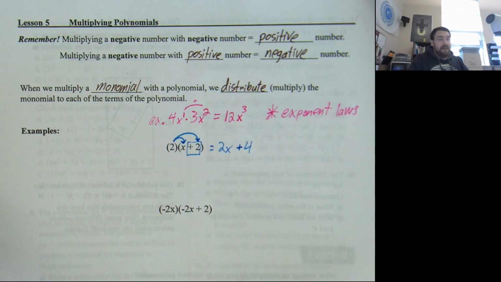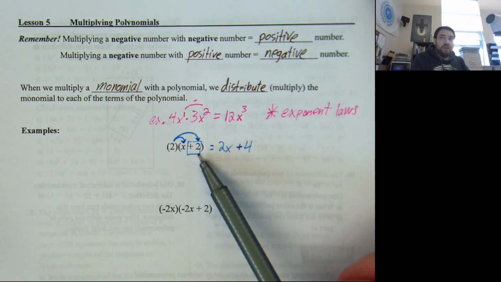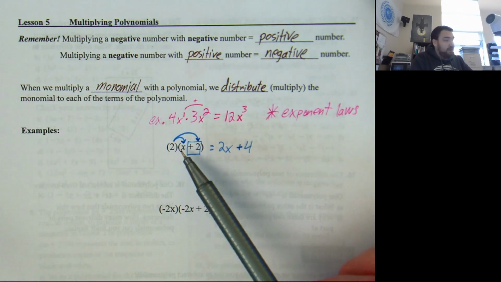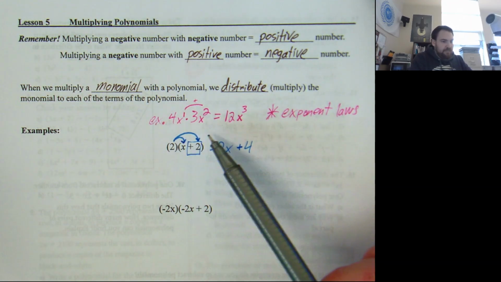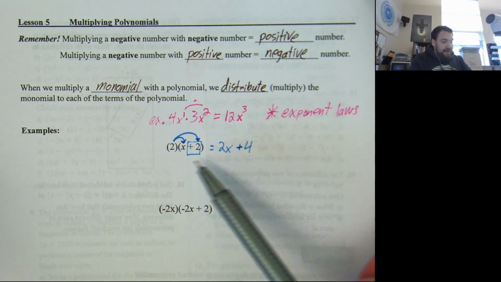That's it. A monomial times a binomial isn't super difficult. We distribute onto every term. Draw your arrows to make sure you've hit every term. And then we use the exponent laws we did last chapter to make sure we handle things properly.